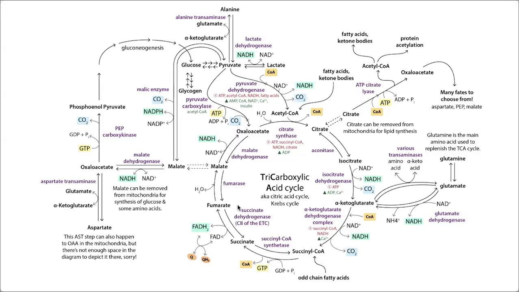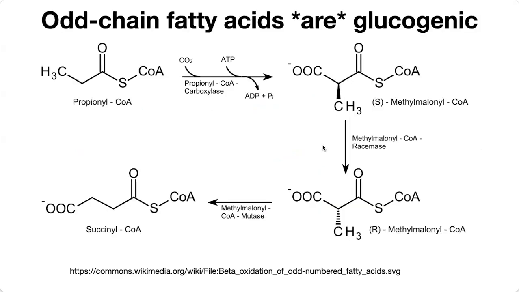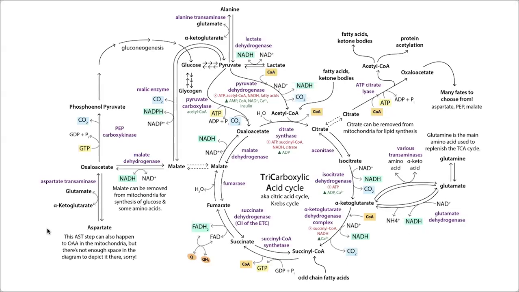Well, it's one of the components of the citric acid cycle. So odd-chain fatty acids can actually enter the citric acid cycle. The end product can enter as succinyl-CoA. We get succinyl-CoA from propionyl-CoA by carboxylating it and shifting things around. We get that succinyl-CoA, and the succinyl-CoA can then enter the TCA.